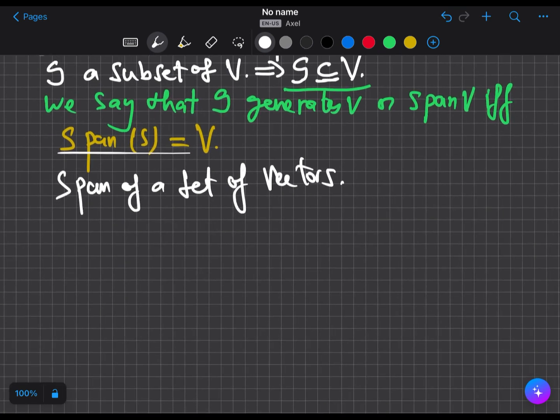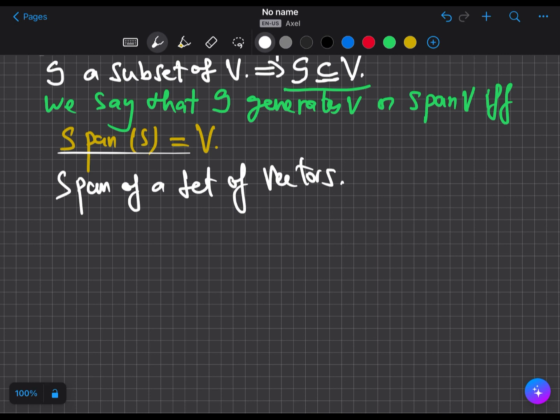Since vector spaces are closed under addition and scalar multiplication, we should have a name for the set of all linear combinations of a given set of vectors, and that will be their span. So the span of a set of vectors is the set of all linear combinations of the members of the set of vectors.